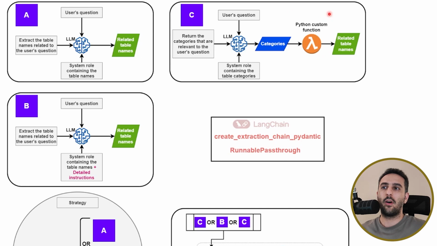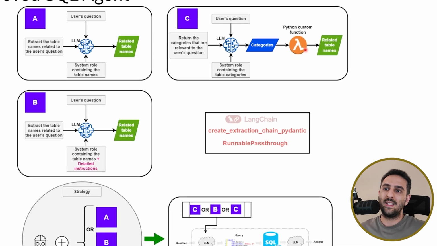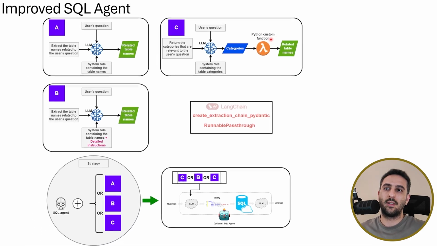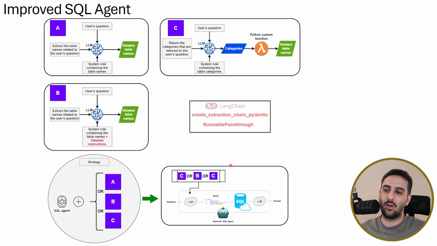So I have already implemented all the logic related to my SQL database in that custom function. No matter how many categories you have, you can easily implement the logic into a function, and you can execute that function. So this is the function that is going to give us the final answer, and we are going to pass it to our large language model here in the SQL agent. So these are the three strategies that we want to see in the notebook.